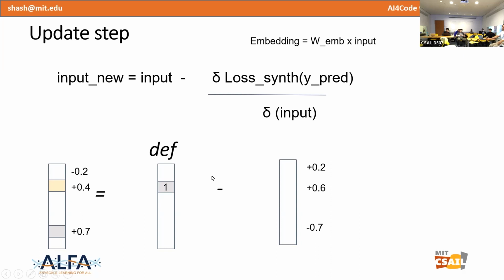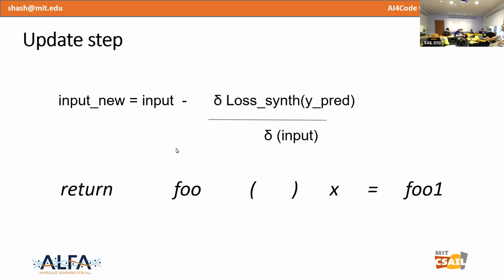So that's how you end up coming up with a new token over here. You started off with the code snippet def foo blah blah blah, and now you have something totally different called return foo blah blah blah, which now optimizes for whatever goal that you have. In the context of this entire exercise, this is what I mean by generating stuff.